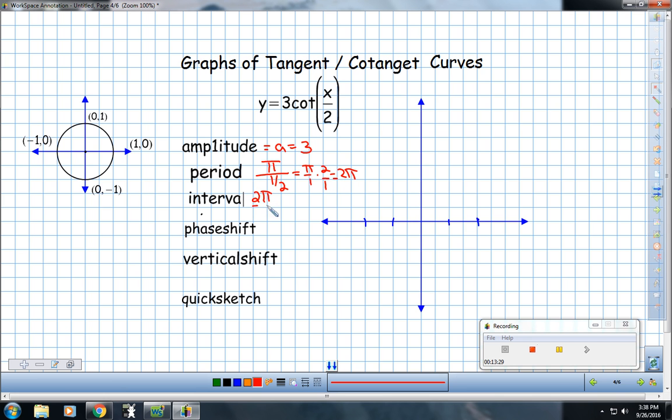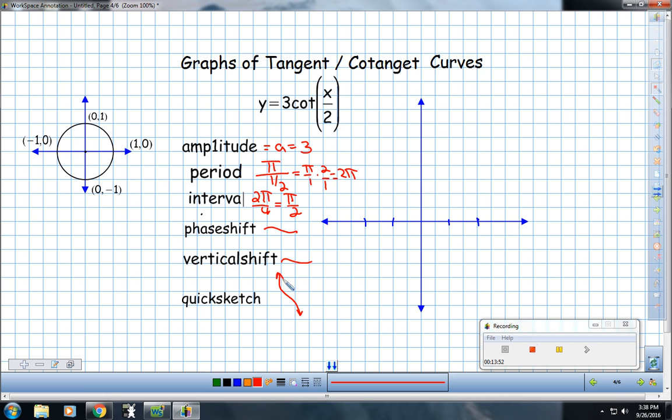For the interval, I'm just going to divide by 4. So our interval is going to be pi over 2. Phase shift doesn't exist. Vertical shift doesn't exist. If they did, we'd treat them the same way we did with our sine and cosine curves. And this is a positive cotangent curve, and cotangent curves are kind of negative sloping, if you will.